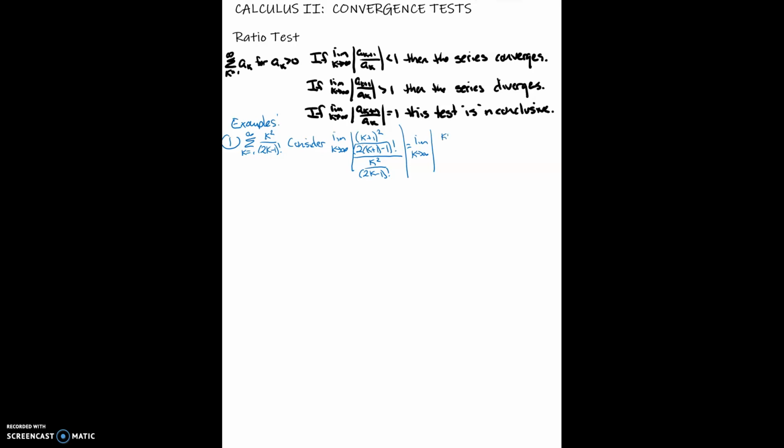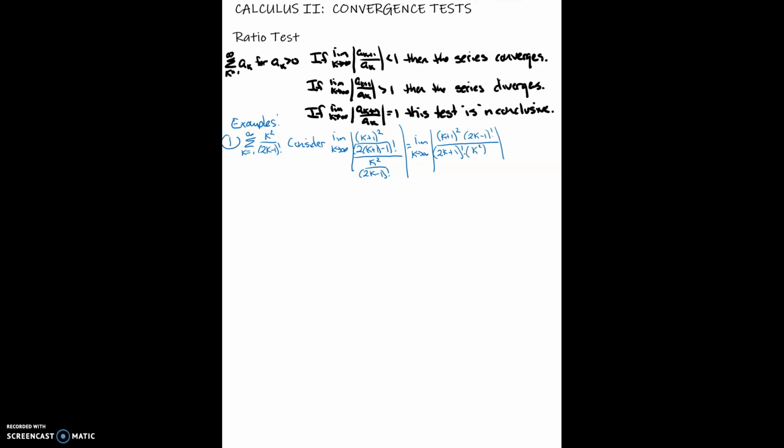So we have (k plus 1) quantity squared over (2k plus 1) factorial. Multiply by the reciprocal, we have the (2k minus 1) factorial in the numerator, and k squared is now in the denominator.